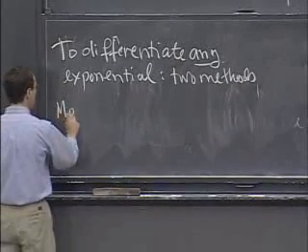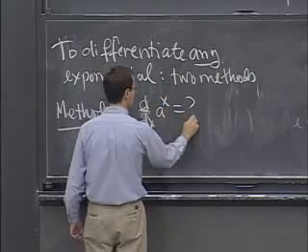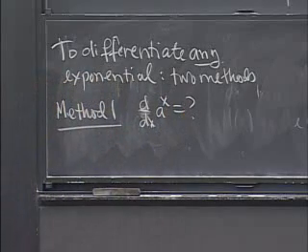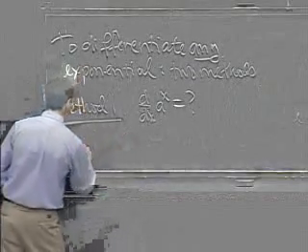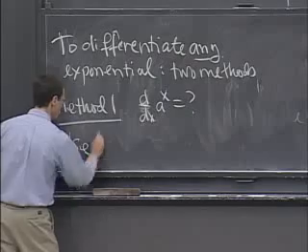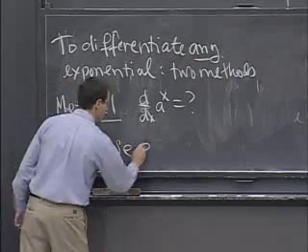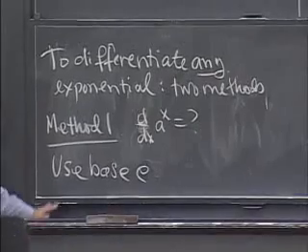So method 1, I'm going to illustrate on the function a to the x. So we're interested in differentiating this thing, exactly this problem that I still didn't solve yet. Okay? So here it is, and here's the procedure. The method is to use base e, or convert to base e.